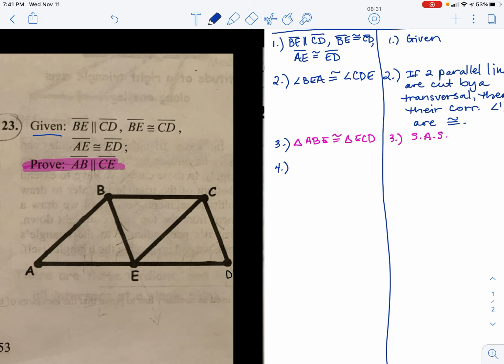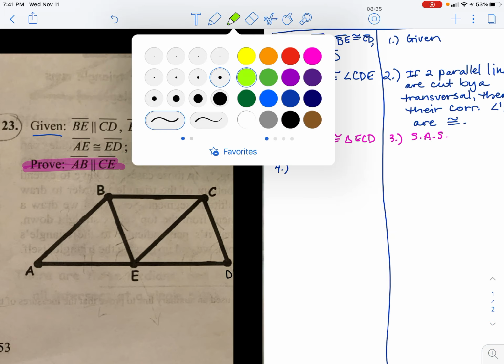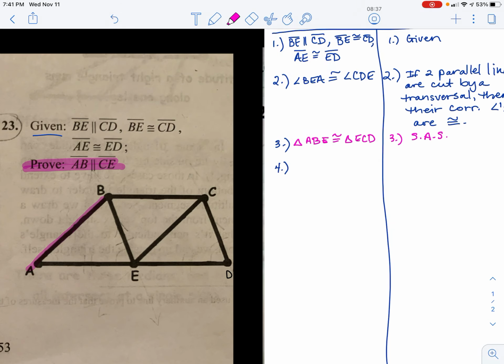If we're looking to show that these lines are parallel, and we had this angle and this angle were congruent, right? Yeah, but we don't really need that.